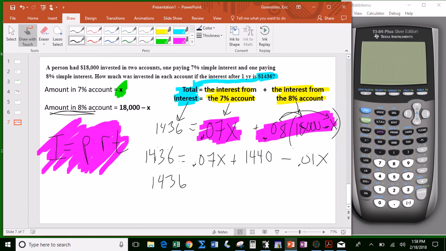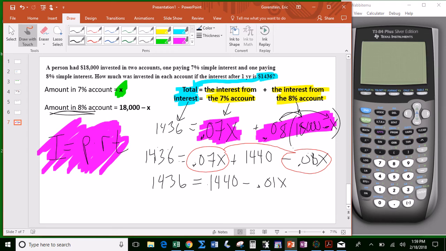We got 1436 is equal to, well, we have like terms here. The 0.07 x's minus the 0.08 x's, that will give us a total of negative 0.01x.